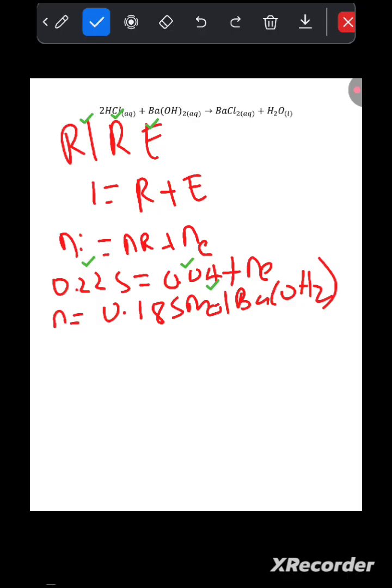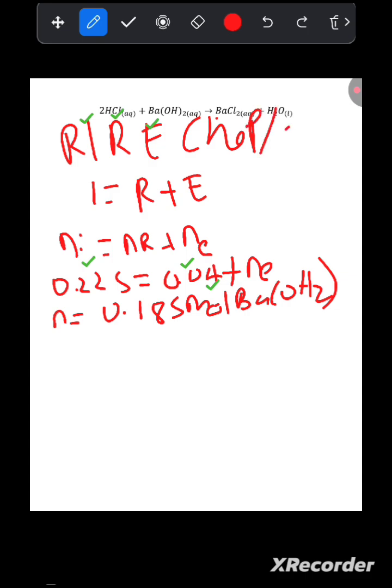All right, now after getting the excess, we must know the concentration, because after this we have either Kc or Kb. But in this case, we're going to use Kb because we are talking about the base. The base is the one that is in excess, so we're determining the pH of a base.